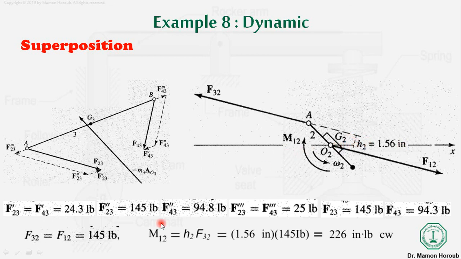Now we can take the summation of moments at O2. It will give us the value of M12, that is h2, 1.56 inches, times F32. F32 is already known to us. F23 and F32 will be the same, that is 145 lb. So from here we can find the value of the moment.